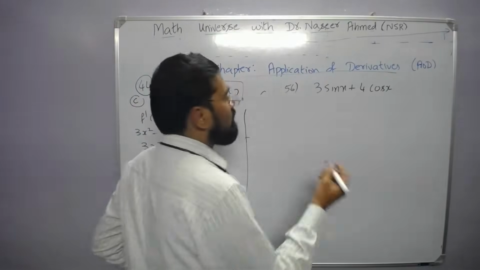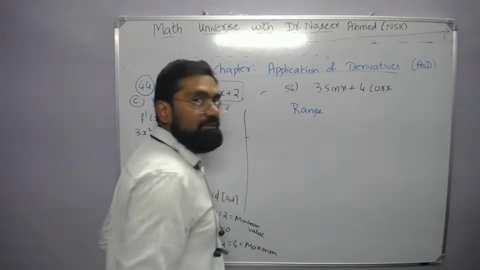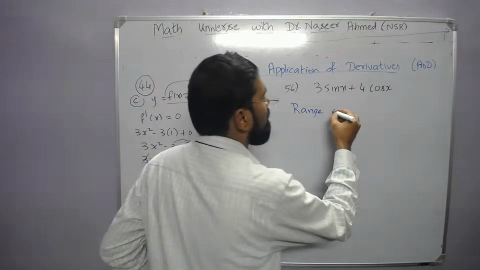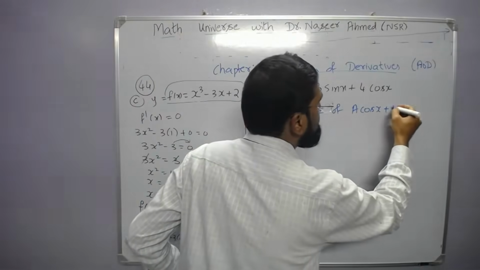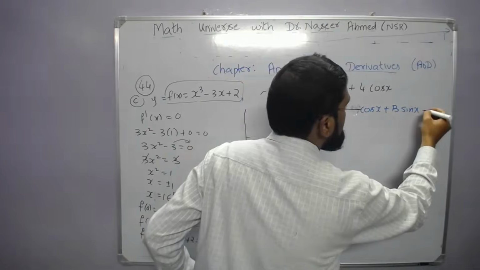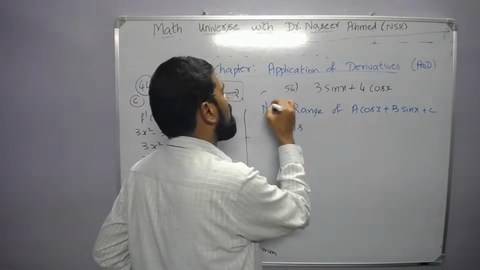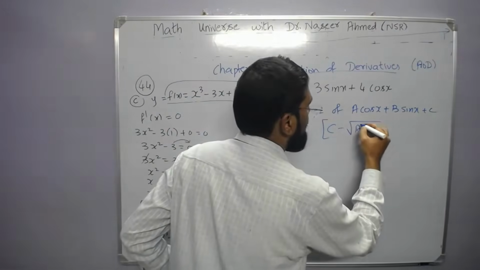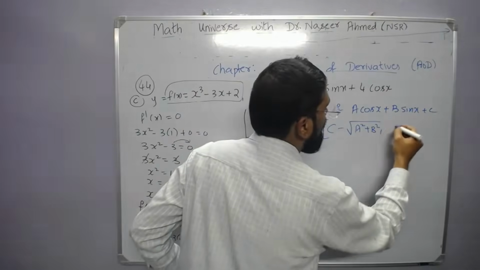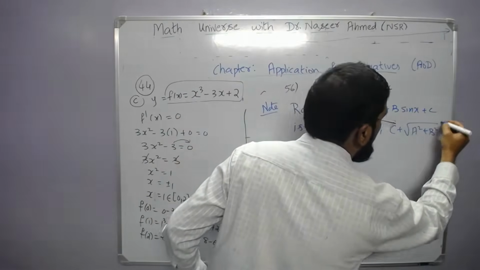What's that note? As soon as you find the range, we get the maximum value also, minimum value also. So the range of a cos x plus b sin x plus c, as a note you can make, is given by c minus square root of a square plus b square, comma, c plus square root of a square plus b square.